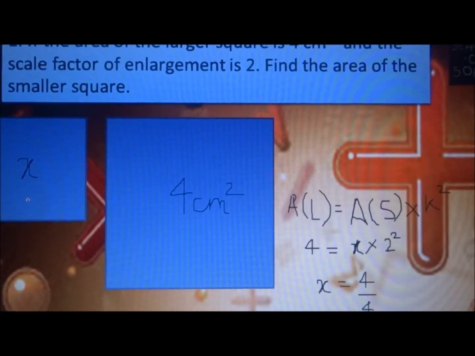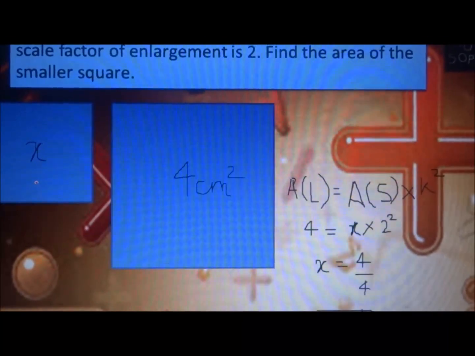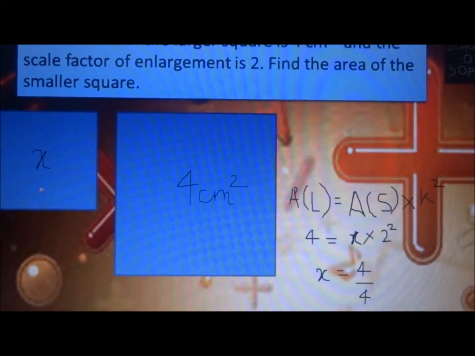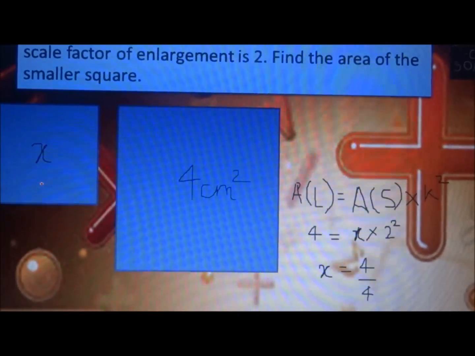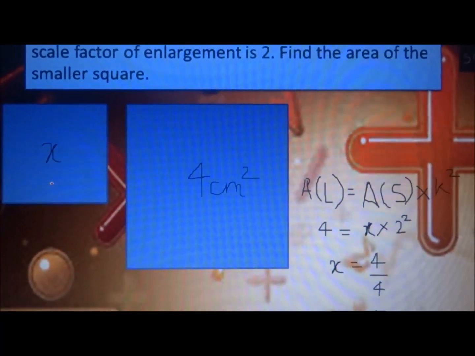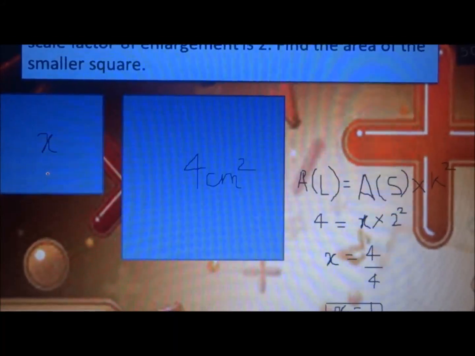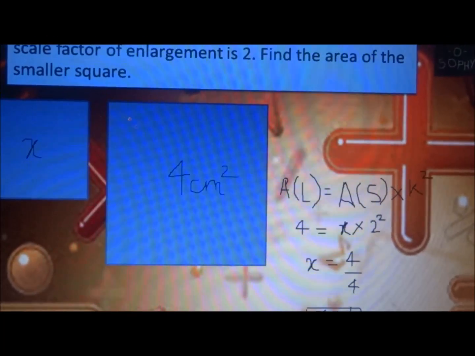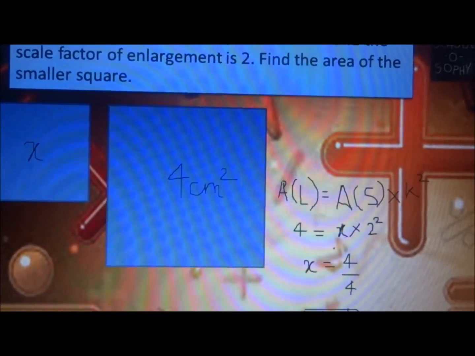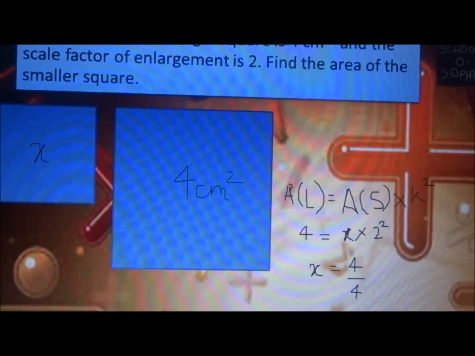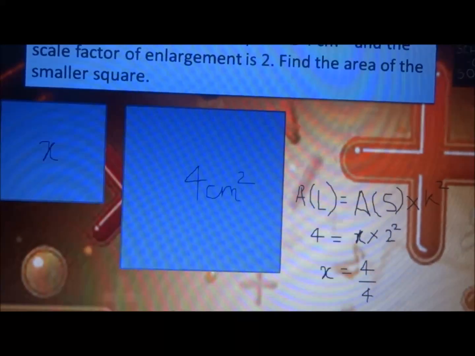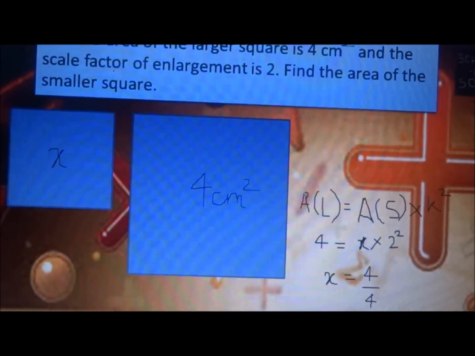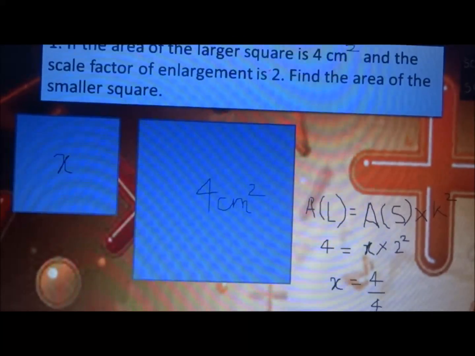So here we have one question. If the area of the largest square is 4 cm square and the scale factor of enlargement is 2, find the area of a smaller square. So here we use the application of the formula, that is area of the large square is equal to area of the small square into k square. Now here they have given us the scale factor of enlargement or the k, which is 2.